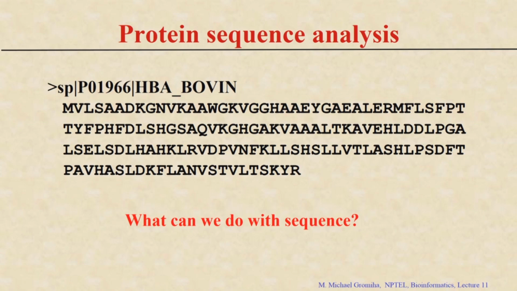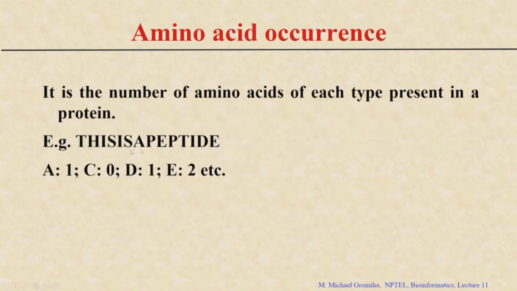There are various parameters you can calculate. What is the easiest parameter you can calculate from an amino acid sequence? The frequency of occurrence, right. Easily you can count how many times A is present, how many D's, how many C's and so on. For example, here I show a peptide, this is not a real sequence. You can easily count the number of times each amino acid residue occurs in this particular peptide.